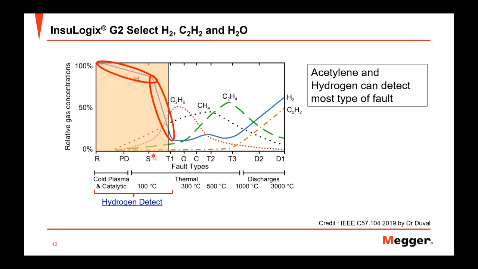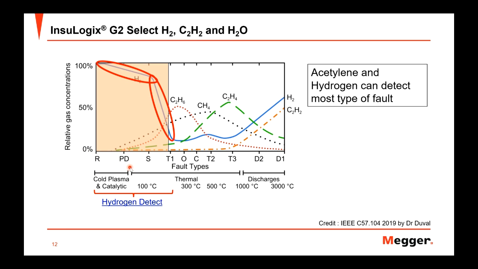The hydrogen will increase or decrease depending on the fault or event happening inside your transformer. Meaning, if you detect the changing of your hydrogen, you can detect all these faults happening inside your transformer.